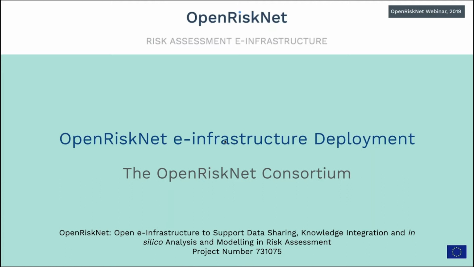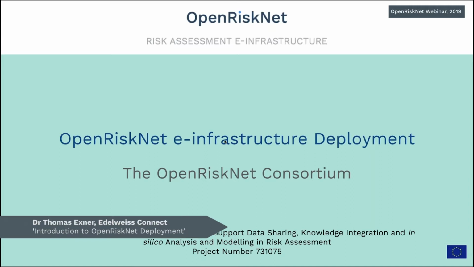For somebody who is not familiar with OpenRiskNet, just one sentence. OpenRiskNet tries to provide services, which means data as well as software for risk assessment, in a very interoperable way, which means that you can use different services from different providers, which are consortium partners, but also third parties, and then use them in a very easy form to provide workflows, more complex workflows.